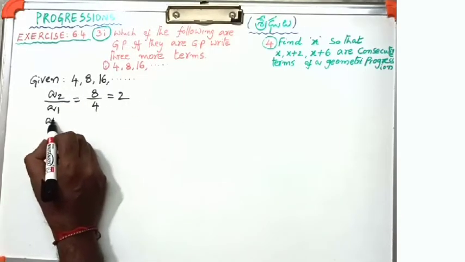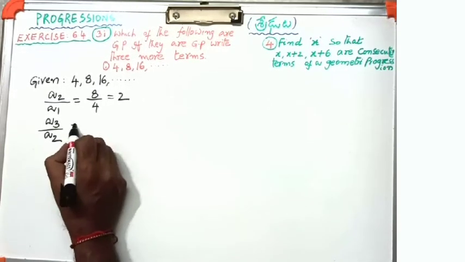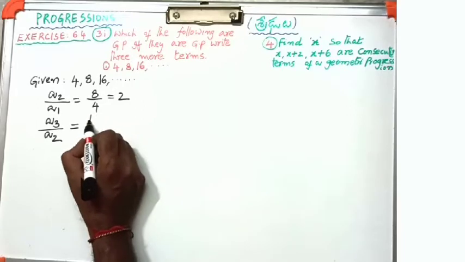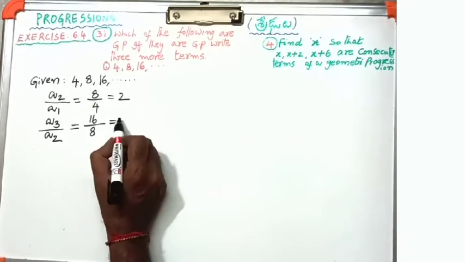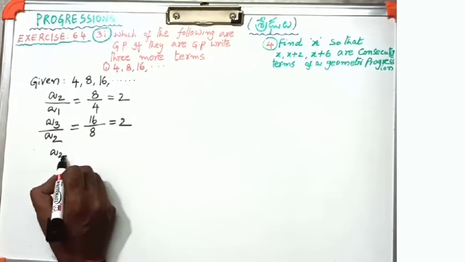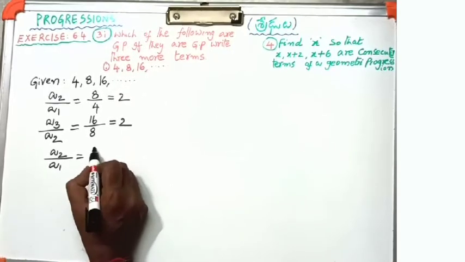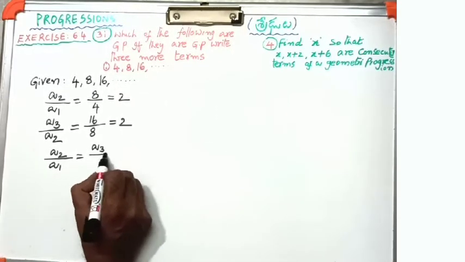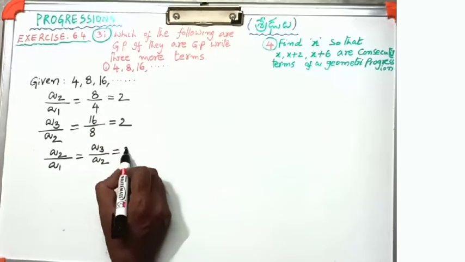And next verify A3 by A2, A3 is 16, 16 by 8, that equals 2. So now we get A2 by A1 is equal to A3 by A2. We get same numbers, that equals 2.